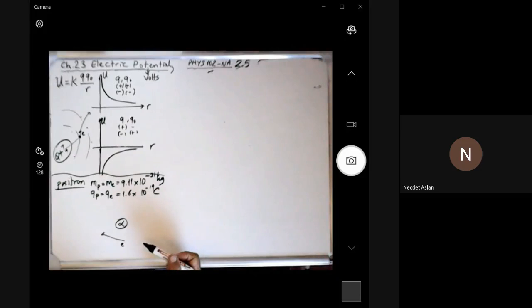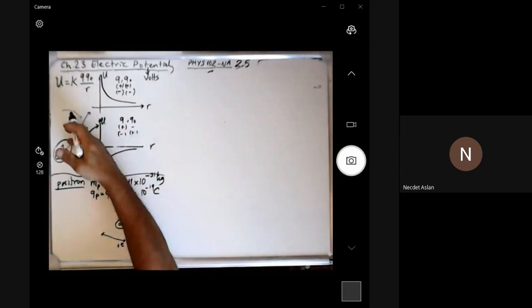Now the positron, actually a positive electron, is moving in the vicinity of this alpha particle. The alpha particle charge is plus 2e, and here is just plus e, the charge of the positron. So it's a helium particle which has lost 2 electrons.